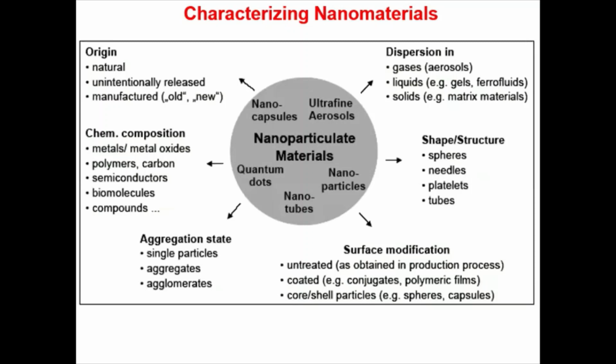And if you intentionally or unintentionally manipulate them as a capsule, we call them nanocapsules. If you put them in a gel-like thing with gases or liquids, ferrofluids, or aerosols, we call them aerosols. So broadly you can characterize nanomaterials into different categories.